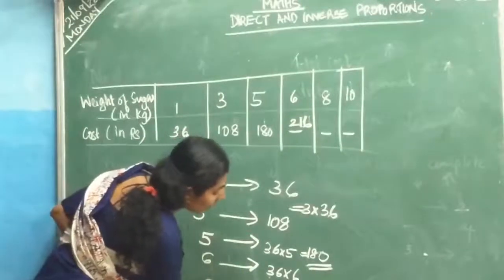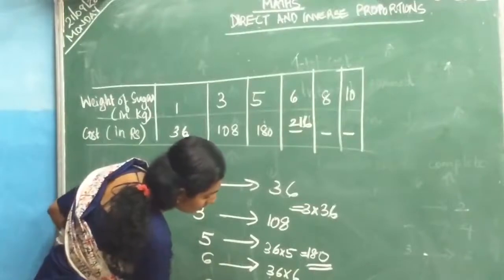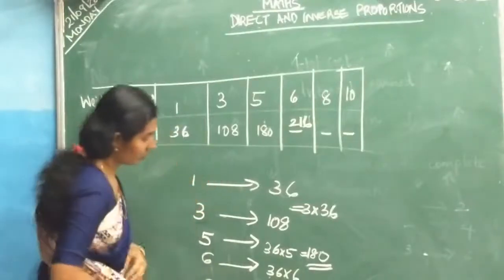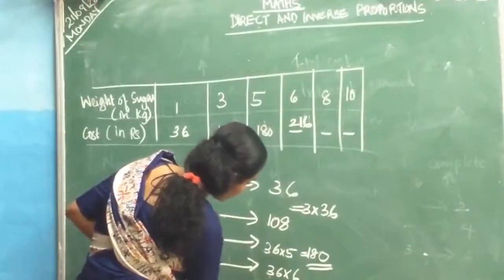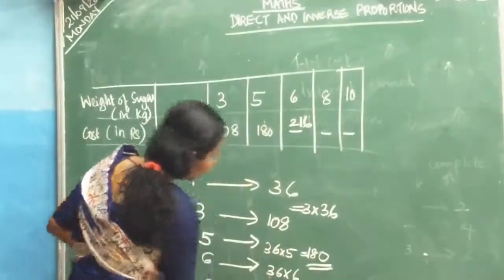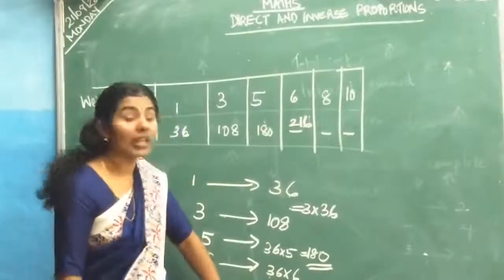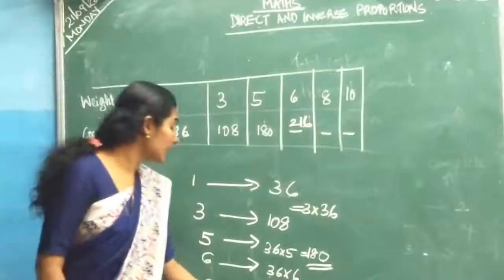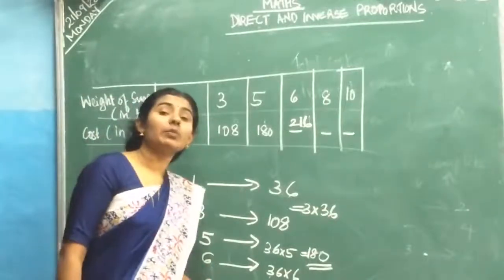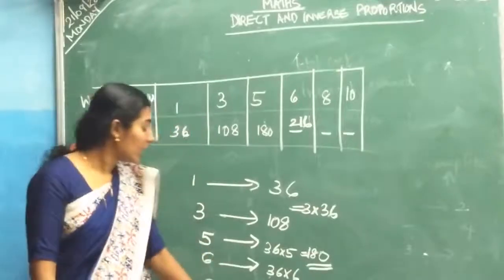Now, for 8 kilogram of sugar, what is the cost? 36 multiplied by 8, that is 288.